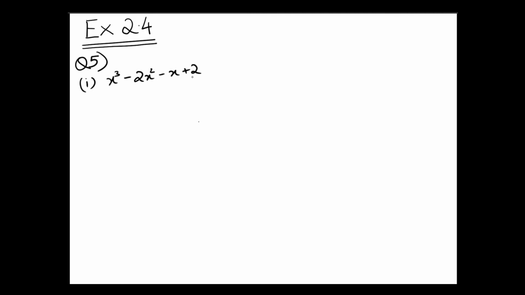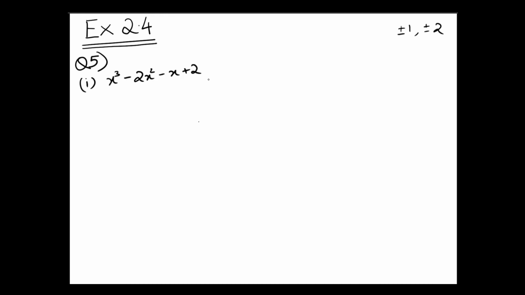So over here, what we're going to take is the last term 2, and we're going to try and see what are the possible factors that can lead to a product of plus 2. So these will be plus minus 1 and plus minus 2.